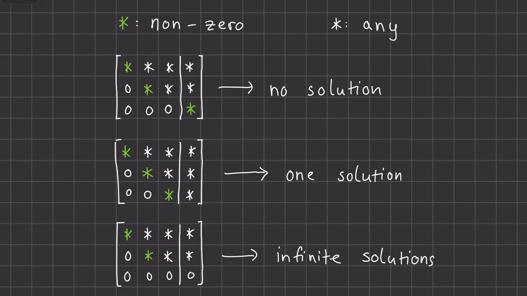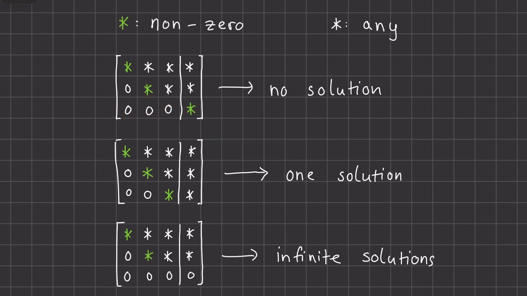So in our row-echelon form, when you see that there's a 0 row on the left-hand side, so left of the vertical line, but there is a non-zero entry on the right-hand side, this is a contradiction. If we check the matrix vector multiplication from our equation AX equals B, it means this 0 row multiplied by our variables, but since this is a 0 row, multiplying it gives us just 0.